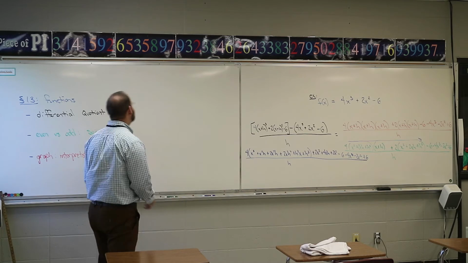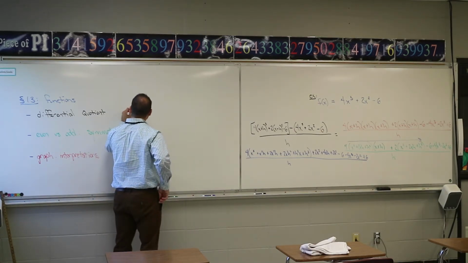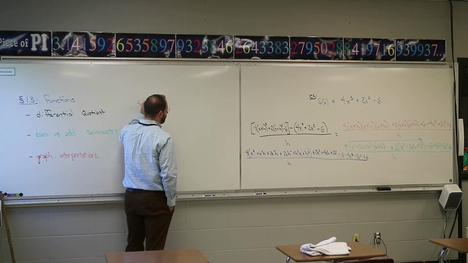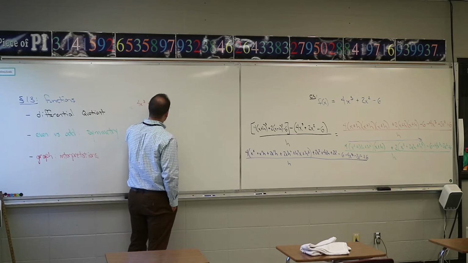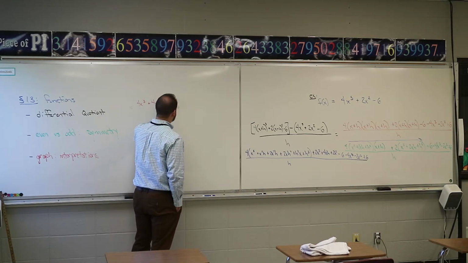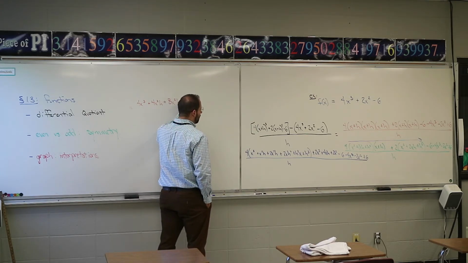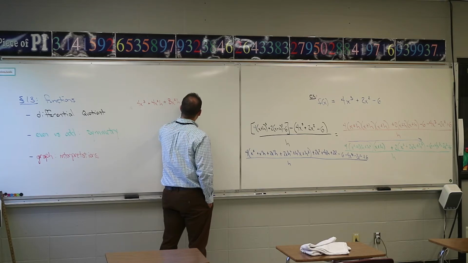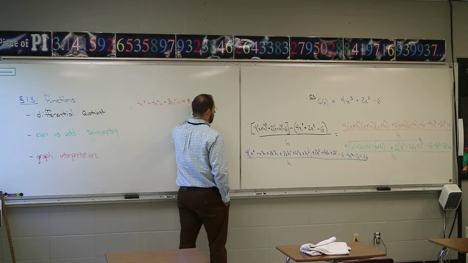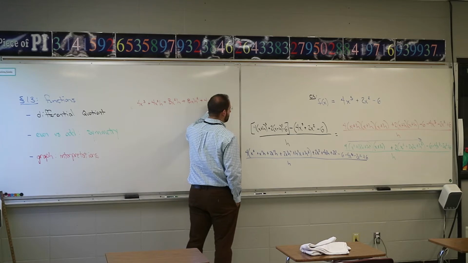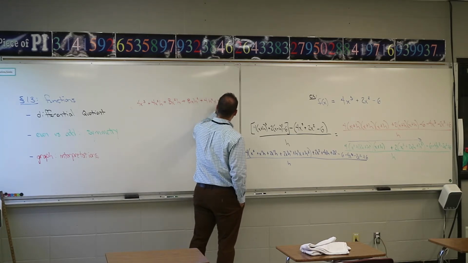Let's do the 4. So it just keeps going. 4x cubed plus 4x squared h, plus 8x squared h, plus 8xh squared, plus 4h squared x plus 4h cubed.